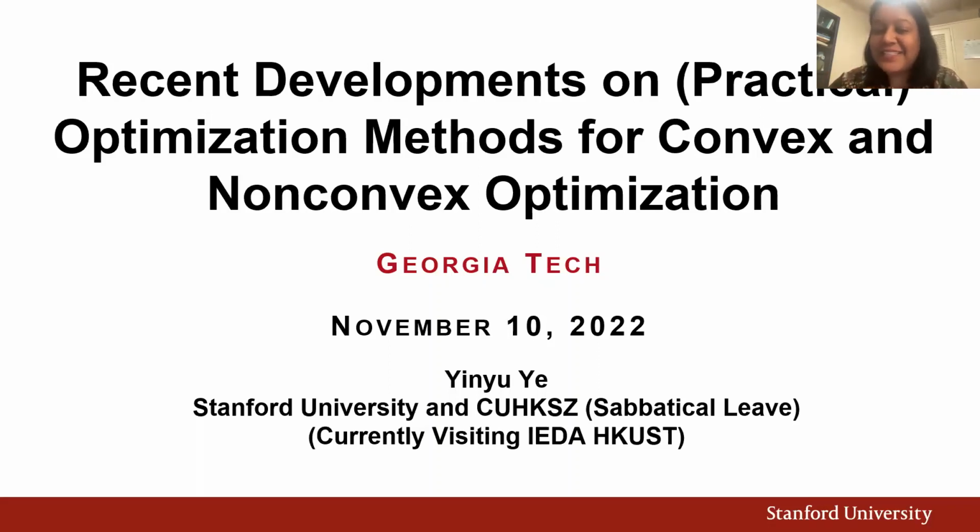And his students have done fantastic work and won many prizes. And according to Google Scholar, his publications have 49,000 citations. Wow. Okay. So without much more wait, Professor Ye, the stage is yours. So we're very happy to hear from you.